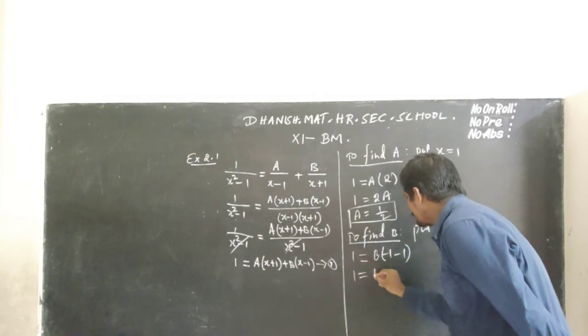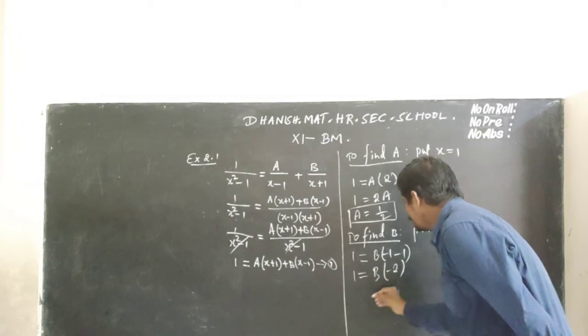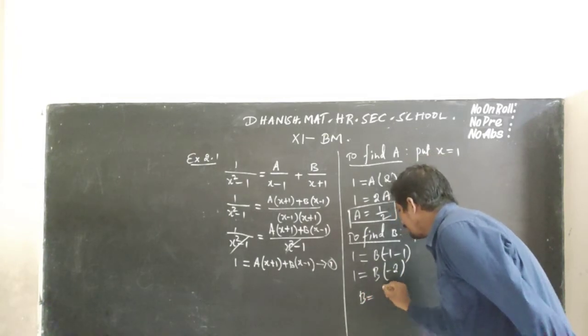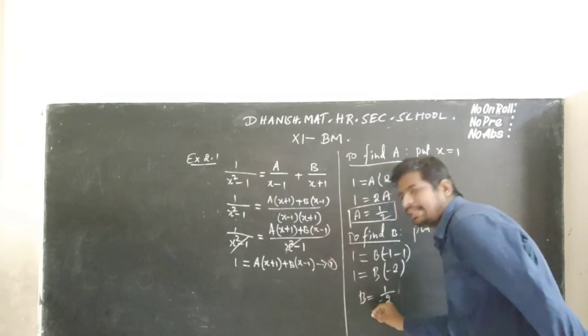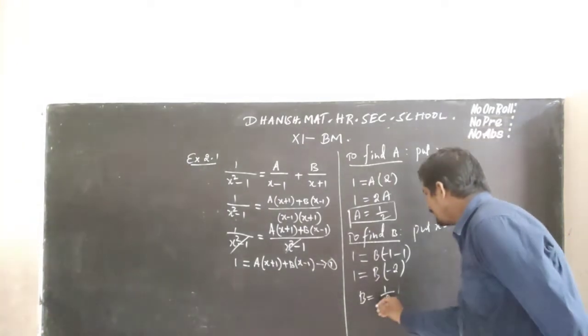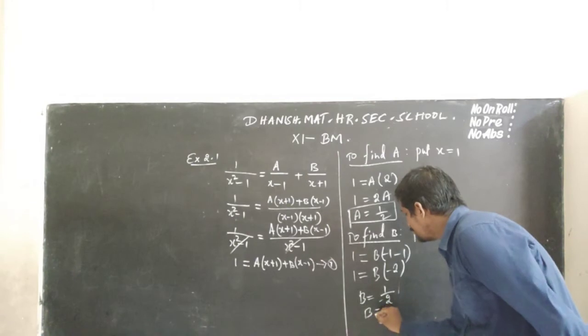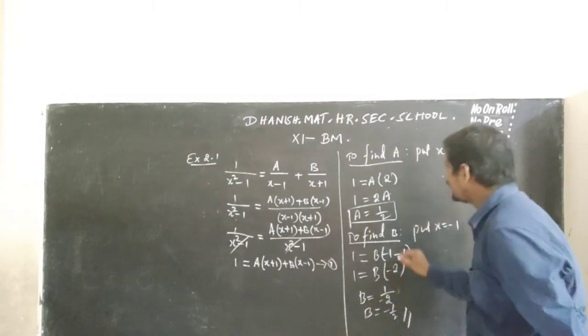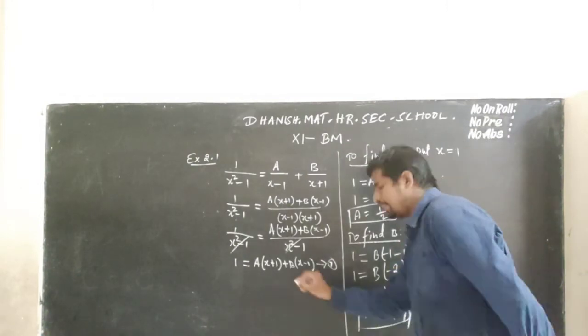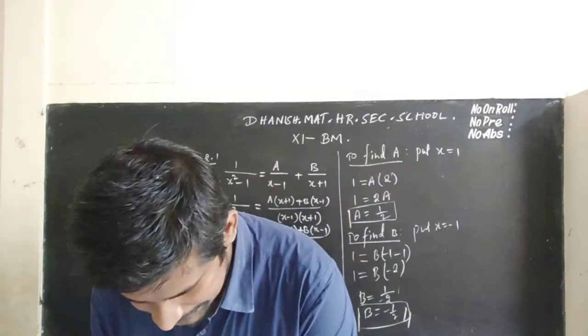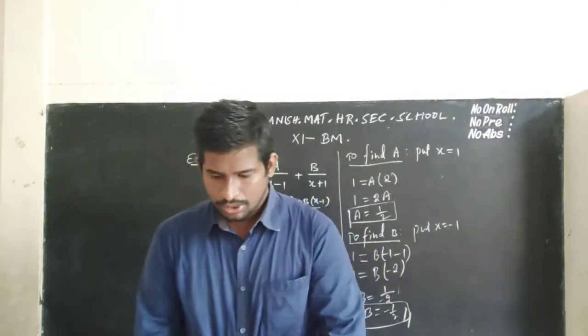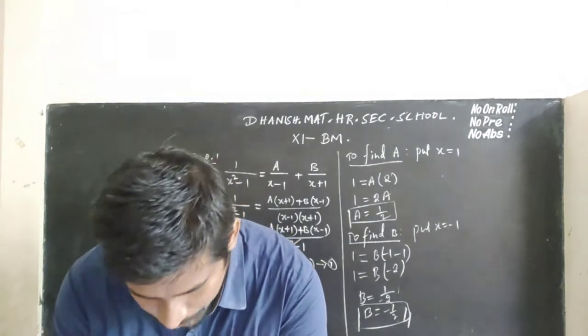So 1 equals B into minus 2. So B equals 1 by minus 2, that is B equals minus 1 by 2. We got our required values A and B. That's it.